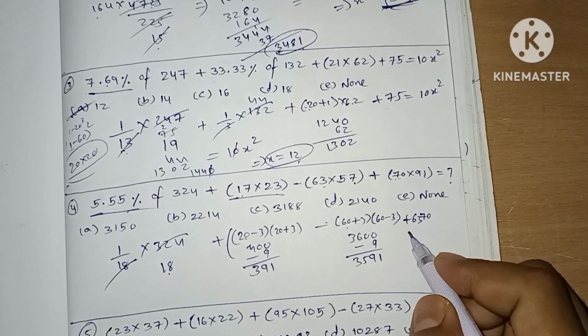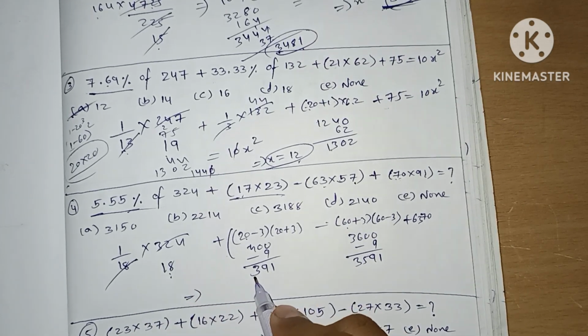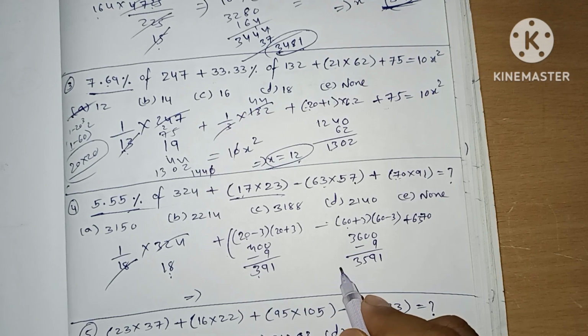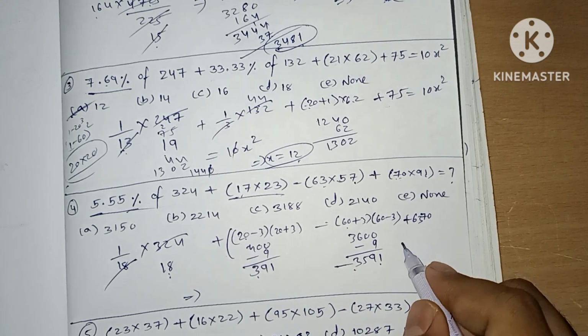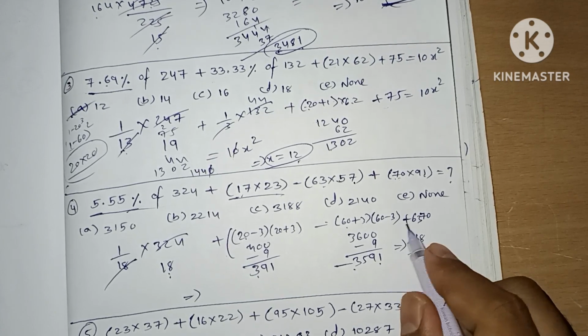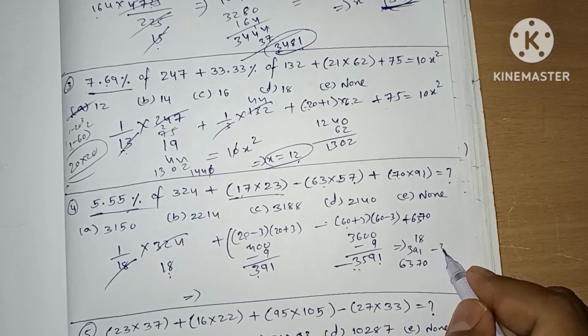6370. So totally we have 18 plus 391 minus 3591 plus 6370. 18, 391, 6370 minus 3591.